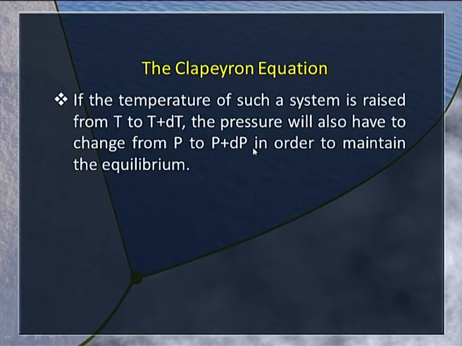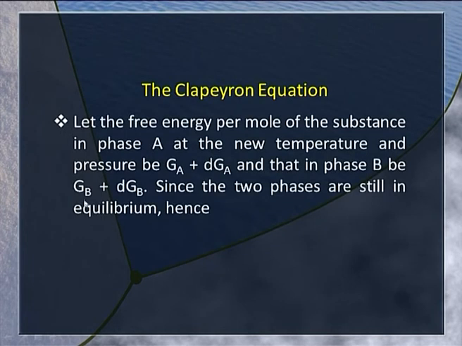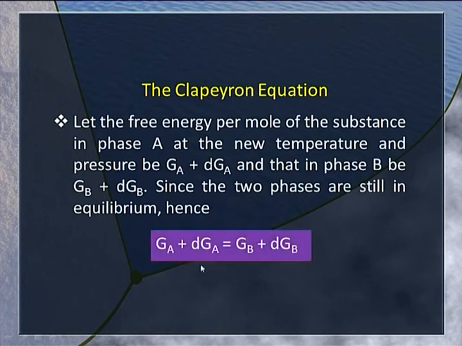The dP represents a very small change in the pressure. We are going to have an effect on the overall Gibbs free energy, that is the Gibbs free energy of A is going to change from Ga to Ga plus dGa, and for phase B, Gb plus dGb. But as the equilibrium is already established even after the change is incorporated.